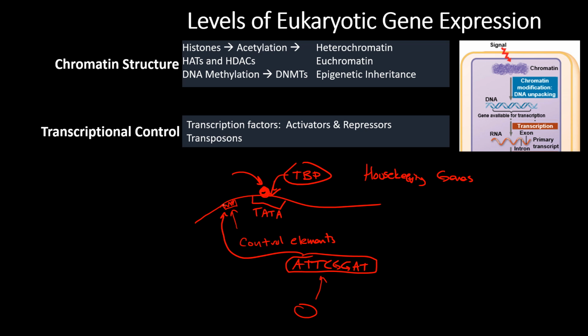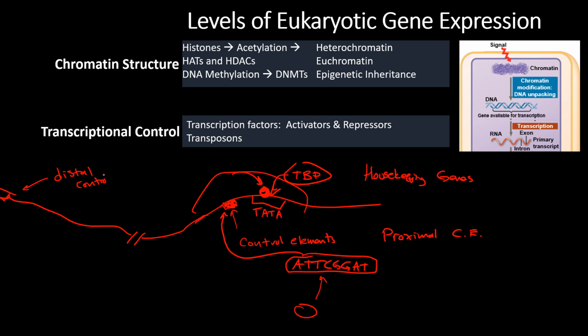And because this control element here happens to be pretty much near the promoter, or really I consider this in the promoter, these are called proximal control elements, because they're close. Now here's the thing, if we go all the way down really, really far over here, there might be another sequence over here, far away, a distal control element.